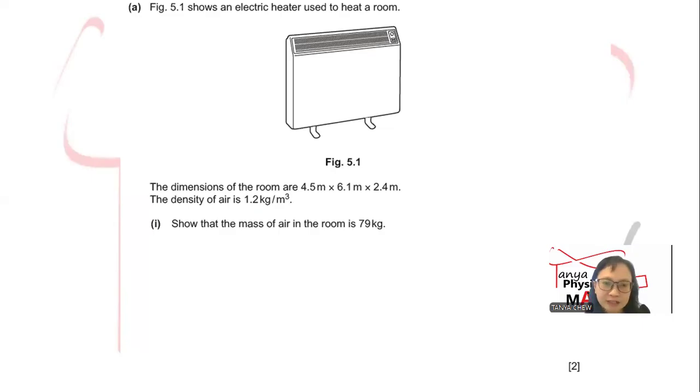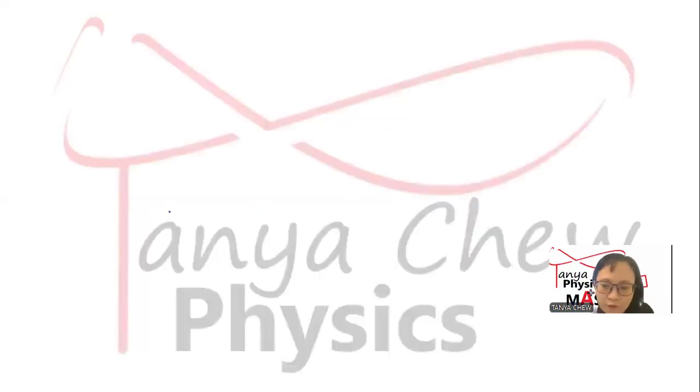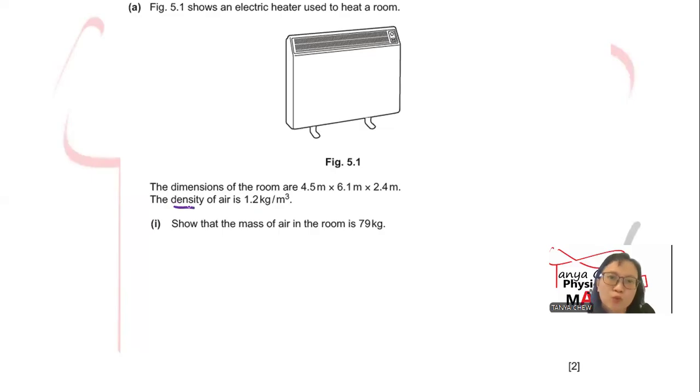Show that the mass of the air in the room is 79 kilogram. So how do you show that? When I see the word density here, first, I need to come up with the equation of density. Density is defined as mass per volume.